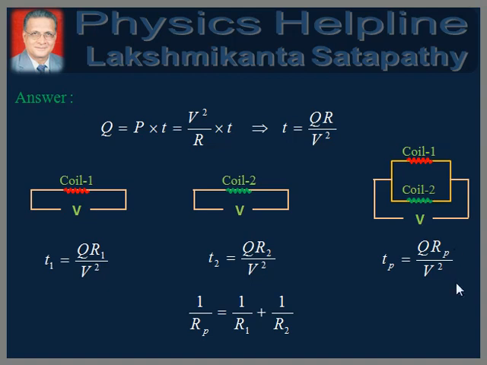Now, when two resistances R1 and R2 are connected in parallel, the equivalent resistance Rp is given by 1 by Rp is equal to 1 by R1 plus 1 by R2.